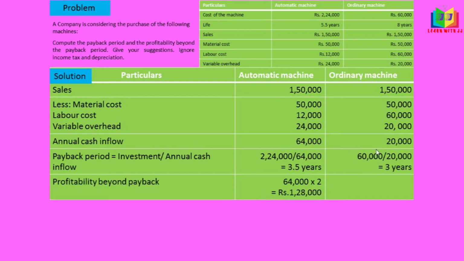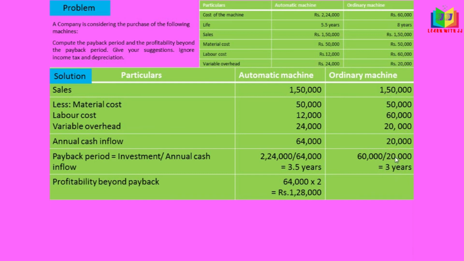And similarly, we have to find it for this ordinary machine. See here, the estimated life is 8 years, and it will get annual cash inflow of 20,000 every year. The payback is 3 years. So after 3 years, we have 5 more years, right? 8 minus 3, we have 5 more years.